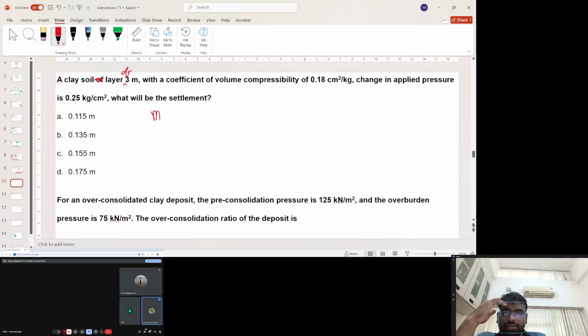So we know mv. mv is defined as delta H by H into delta sigma v dash, right? So we know that mv is 0.18, delta H we need to find.